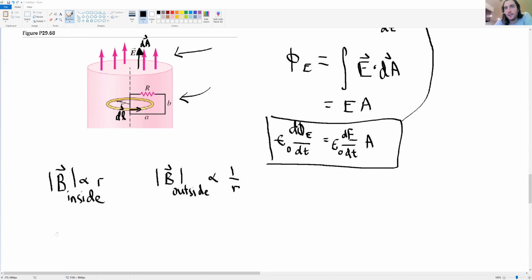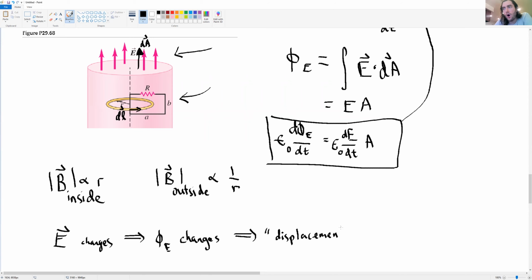So E changes, therefore we have electric flux is changing, therefore we have quote unquote displacement current.